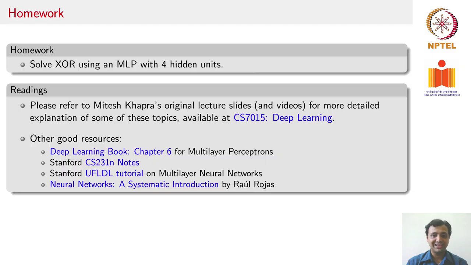So your homework for this lecture is to try to solve XOR using a multilayer perceptron with 4 hidden units. Come up with your own weights and solve XOR using a multilayer perceptron of 4 hidden units. This should also help you understand the theorem that we spoke about, how any Boolean function can be represented by a multilayer perceptron with 2 power n hidden units. This should also help you get an intuition of that.